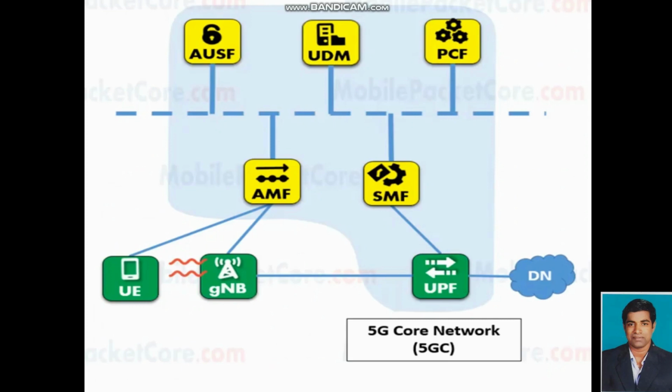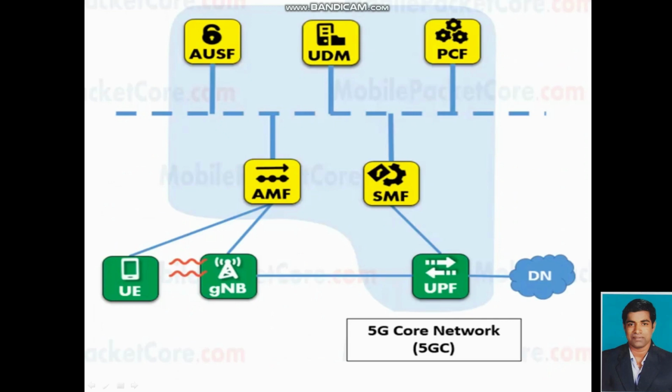Here in the 5G network, 5G core network or new generation network, the blue colored area is the core network area, and the remaining user equipment and gNode B portion we are considering as user plane area. We can see one by one.